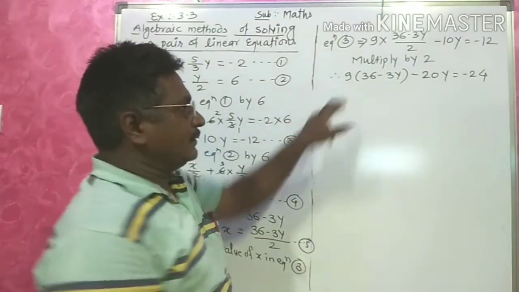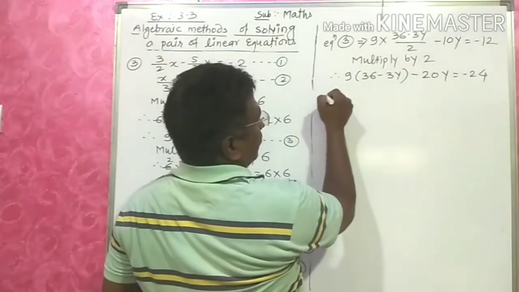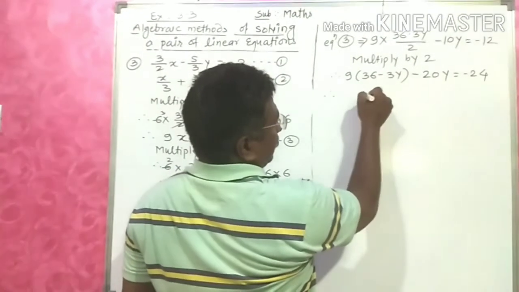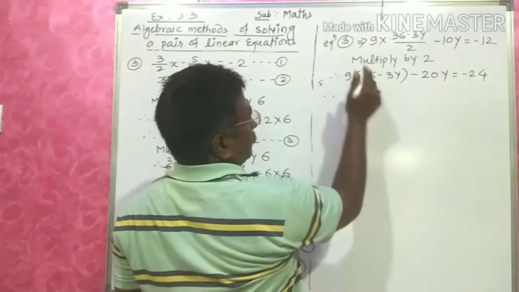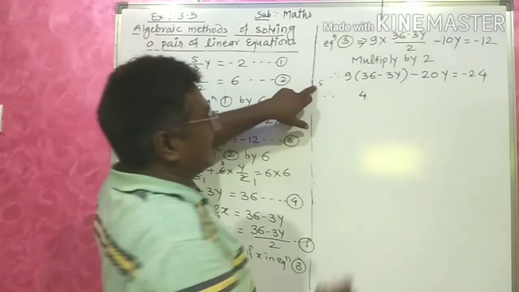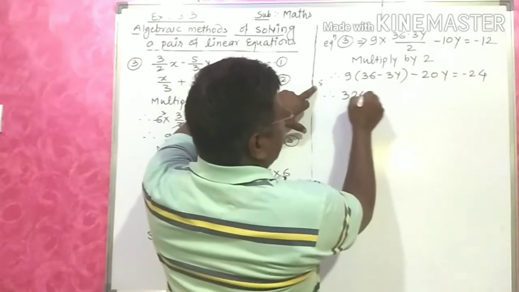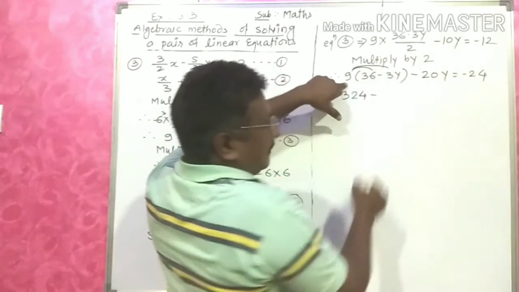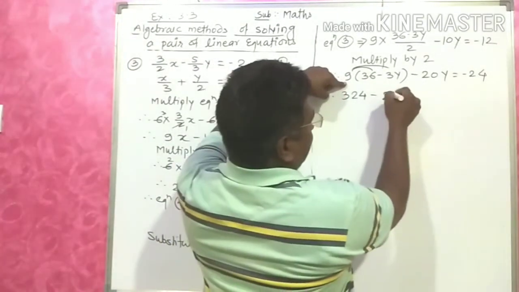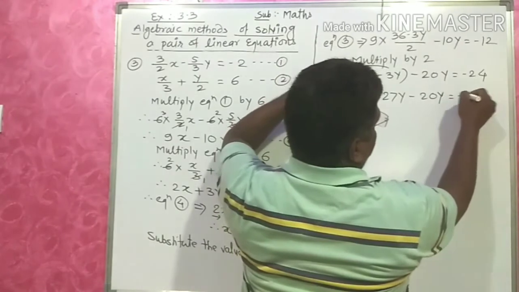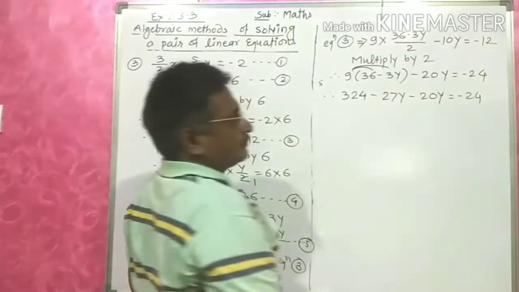Understood, student? Now simplify here. 9 6s are 54, 9 3s are 27, 27y minus 20y minus 24. Multiply each and every term of the bracket.